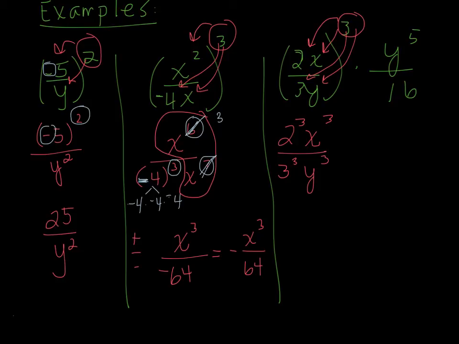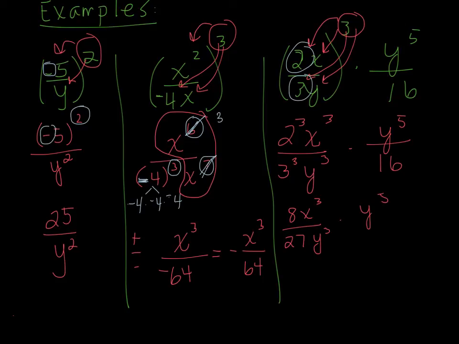A common mistake is for people to miss giving the numbers the power as well, so don't forget to do that. And that's all times y to the 5th over 16. 2 to the 3rd is 8 x cubed over 3 to the 3rd is 27 y cubed times y to the 5th over 16.